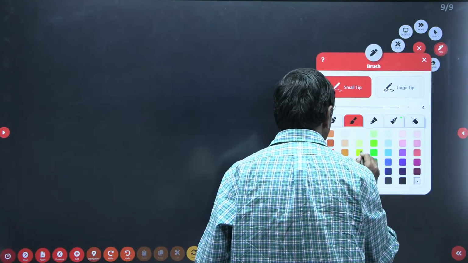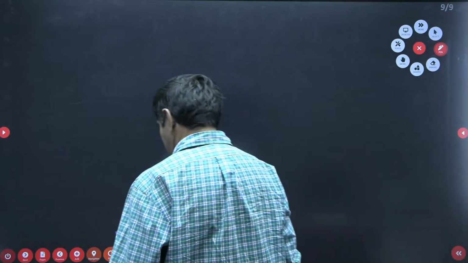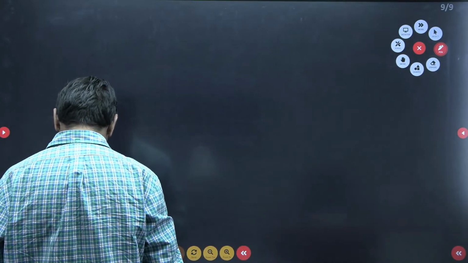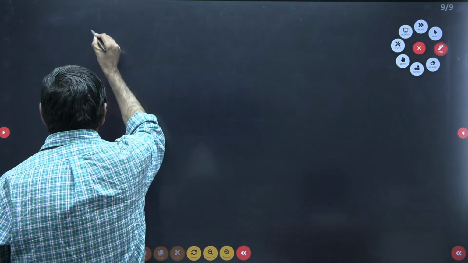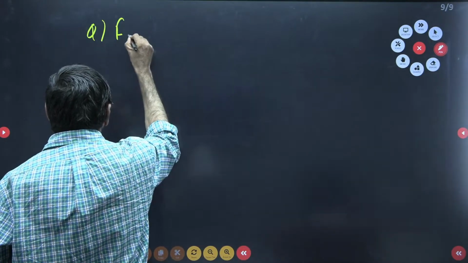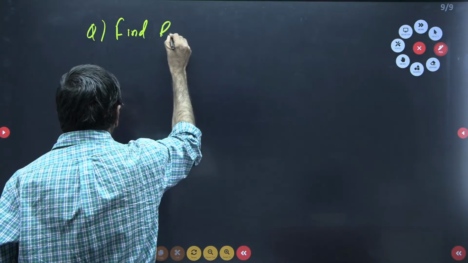Now I want to give the next question. Find R in, the input resistance.